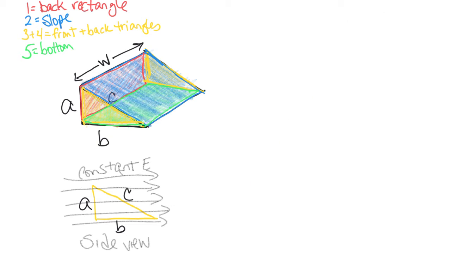All right. The next thing I want to look at are the front and back triangles. Let's draw that. Here's surface 3, here's surface 4. This is the front, and that's the back.